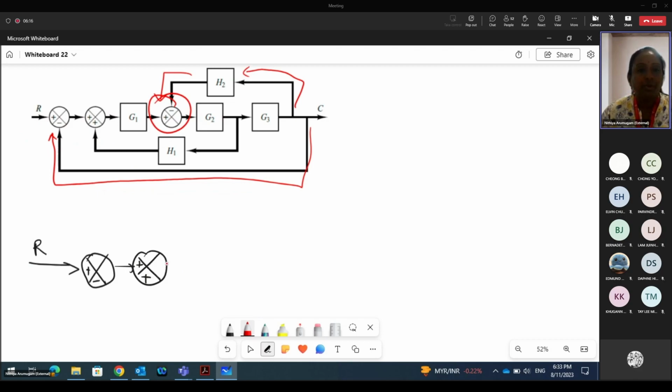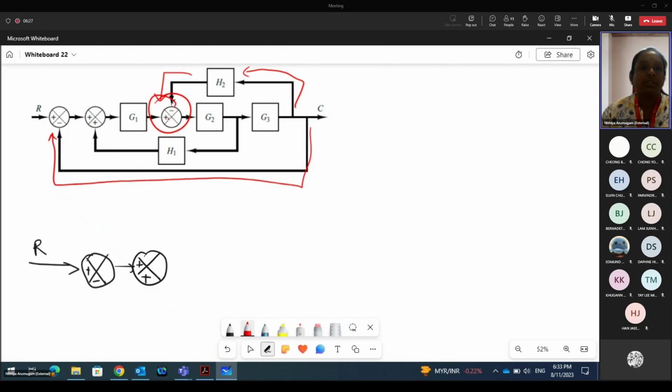Now, instead of leaving this summing point in between the blocks, we're going to gather everything and move it to this position. When I move this to this position, that summing point will shift to here, followed by the earlier summing point, so it will be plus and plus. Everything else will remain the same.